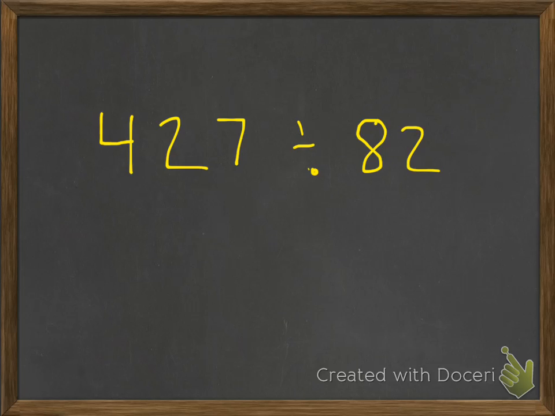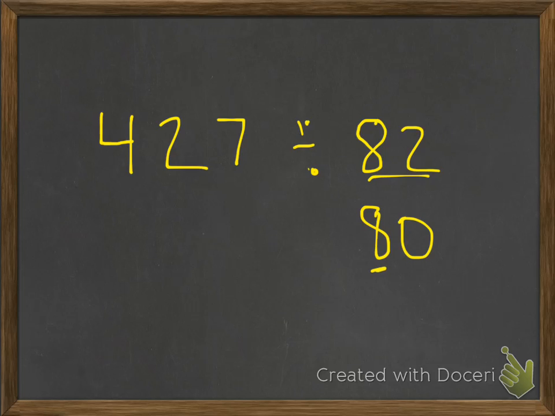Now what you do here is you have to take your divisor and round that divisor to its greatest place. If I take my 82, I'm going to round that 82 to an 80. Once you round that divisor, if it's a 2-digit number, you follow the same steps as you were doing before.